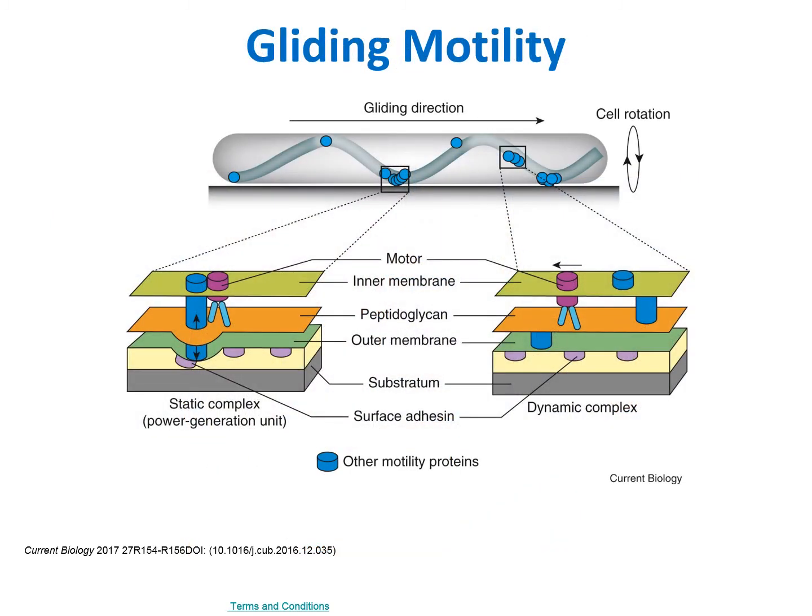So this is the third type of motility, gliding motility, and it's really interesting because up until, I would say, 5 years ago, we thought that gliding motility involved pili, that cells would make lots and lots of glycocalyx and then somehow use their pilus to move. We now know that this is not true.